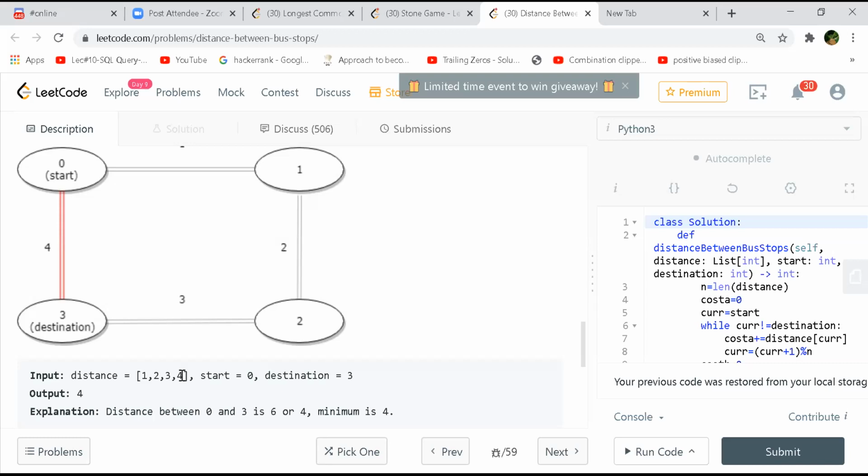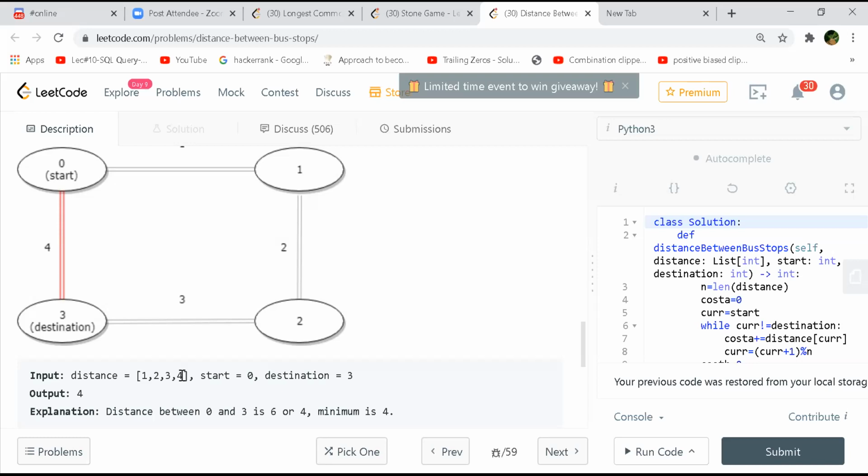This cost is to go from that stop to the next stop, and since it's circular, for destination index 3, the next is 0. So you are treating it as a circular array. I was just confused how that calculation came, 6 and 4.